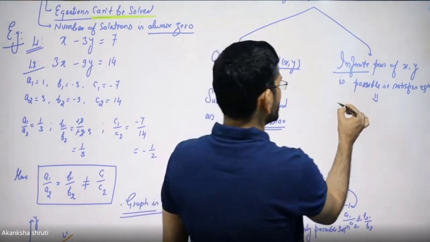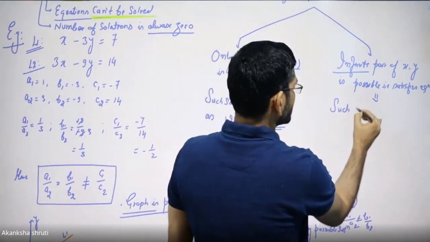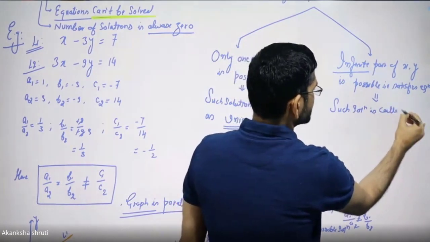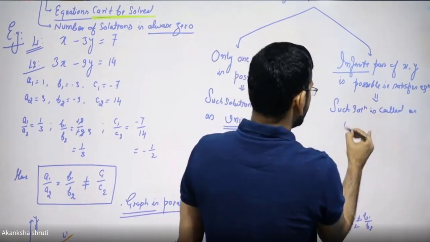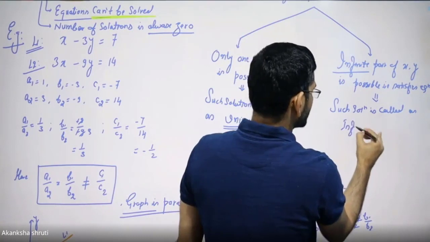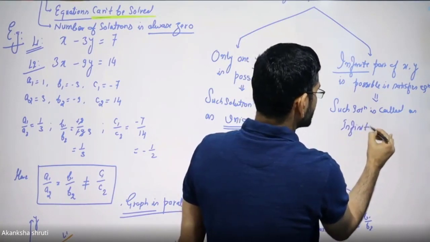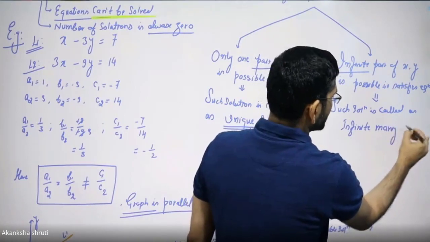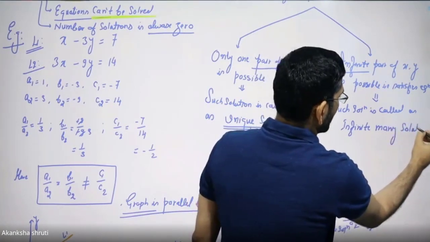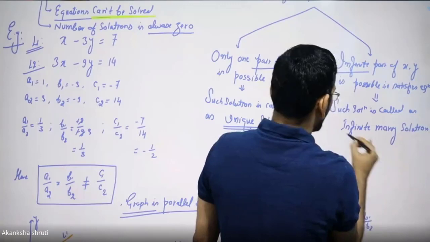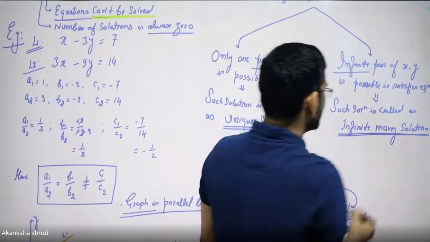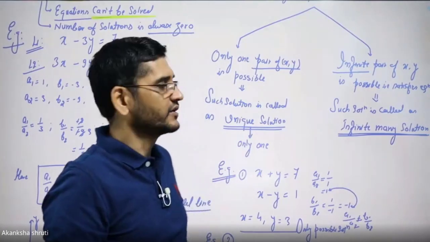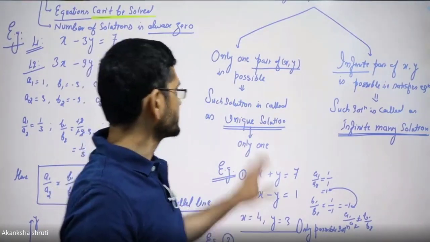So write, such a solution is called infinite many solutions. Or many a time only many solutions will be written, or many a time infinite solution or infinite many solutions together will be written. So you have to understand.